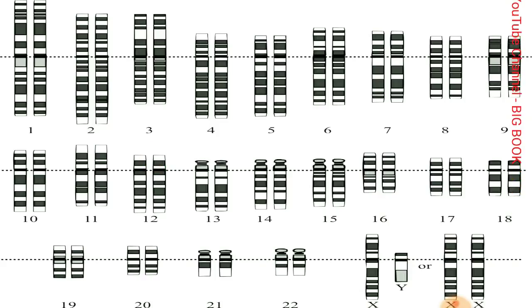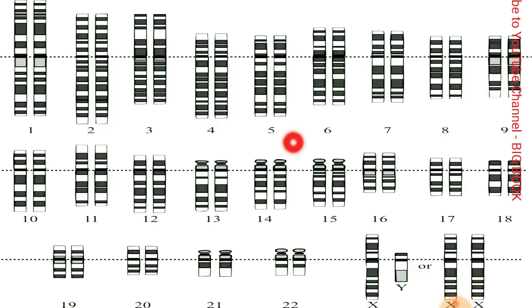So here you can see the chromosomes have been arranged in decreasing order of size compared to group A and group B, that is, chromosomes 1, 2 and 3 of group A and 4 and 5 of group B. So this is smaller, and further here you can see 13, 14 and 15 and 16, 17, 18, 19, 20, 21 and 22.